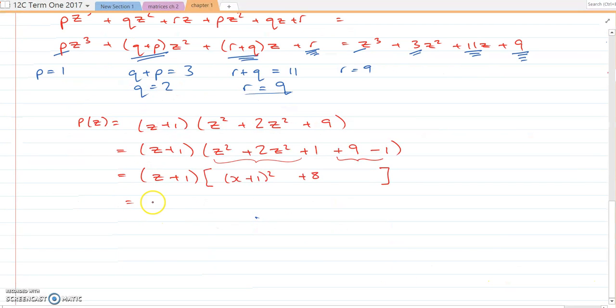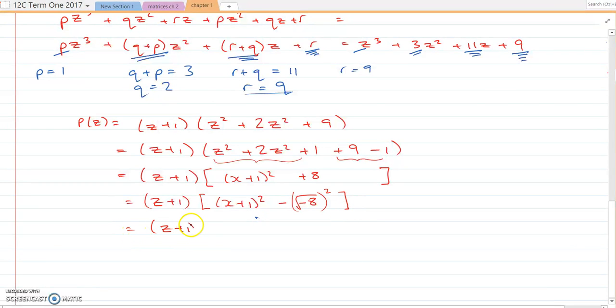And Z plus 1, and this is Z plus 1 squared plus 8, so we have to write this as a difference of two squares. So this is like a minus 8 which we square root and square, which gives us Z plus 1 squared minus the square root of 8i, squared.